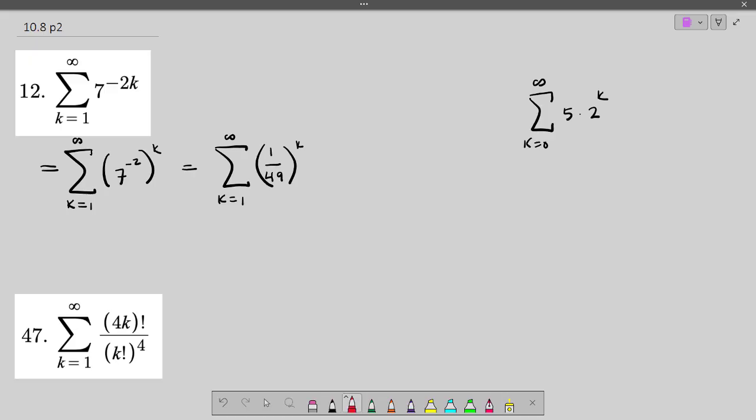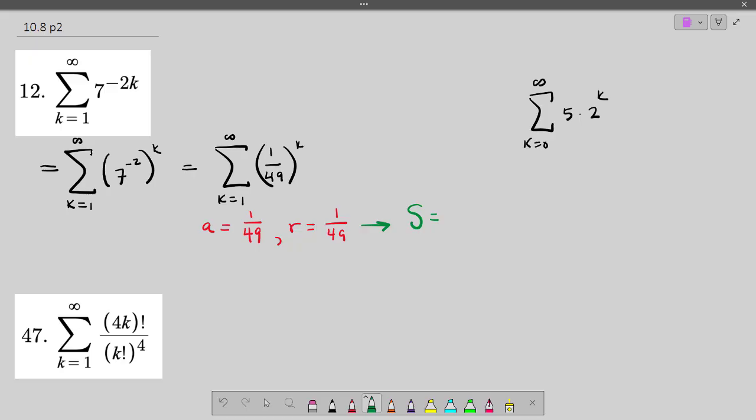What is the a here? 1/49. We plug in our initial index value and get that. So that's our a value. How about the r value? Also 1/49. It's whatever is below the k, whatever the base for the k is. So this allows us to find the sum. Now it didn't ask to find the sum here, but if we can find the sum, we will.